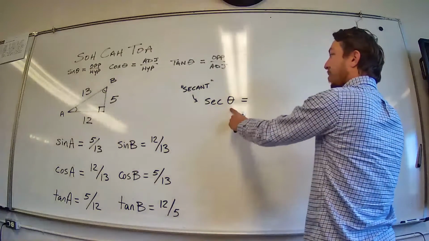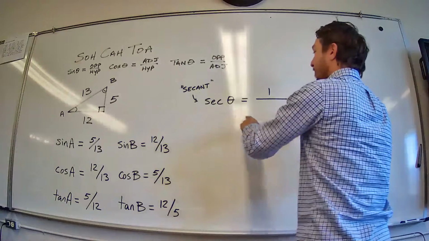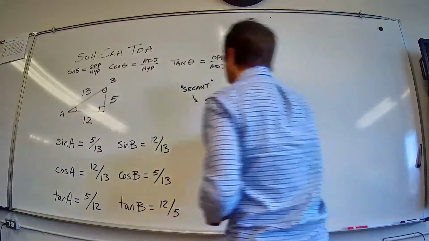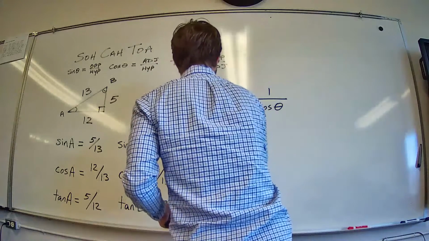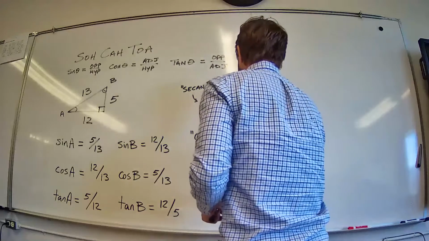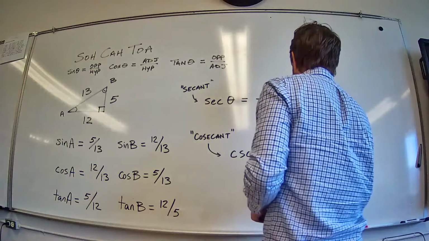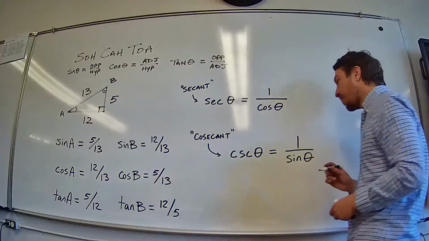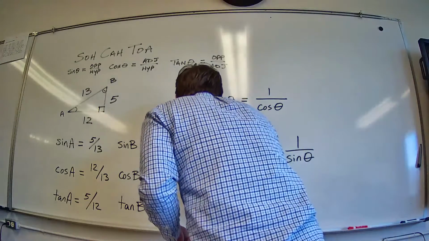The secant of an angle is just the reciprocal of the cosine. And then there's cosecant, abbreviated CSC, which is the reciprocal of the sine of your angle. And there's also a cotangent.